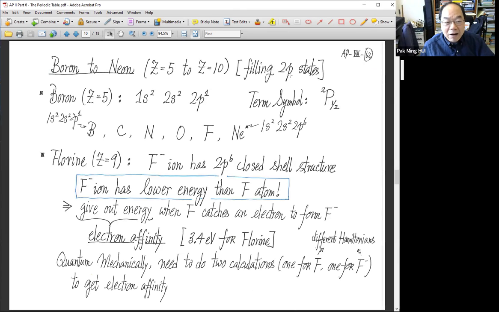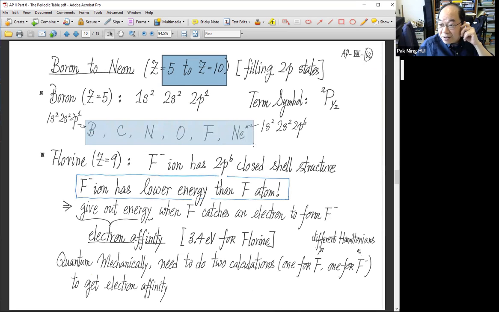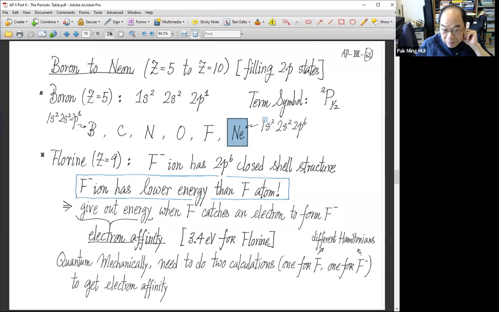Then, after beryllium, we will start to feel the 2p level. So from element number 5 to number 10, there are 6 elements. Then we feel one by one all of this, and then we have this row of elements, and then we end at neon. It is the first below helium. This is the one below helium, and it has a closed shell, and it is an inert gas, so-called noble gas.